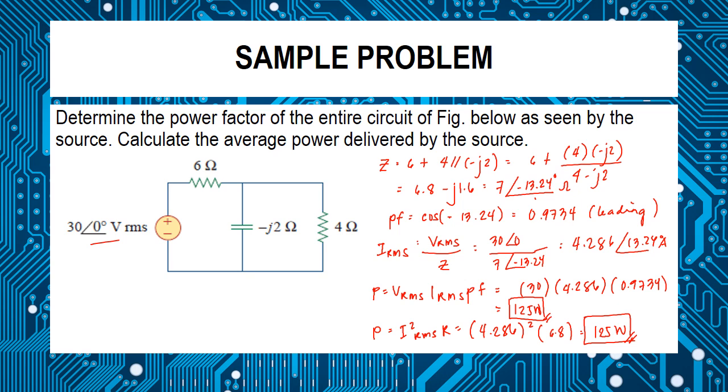You may also get this value by using the formula P is equal to I squared RMS R. So we have 4.286 squared times the R in the rectangular form of our impedance. So the R is 6.8, and we will have the same answer of 125 watts.